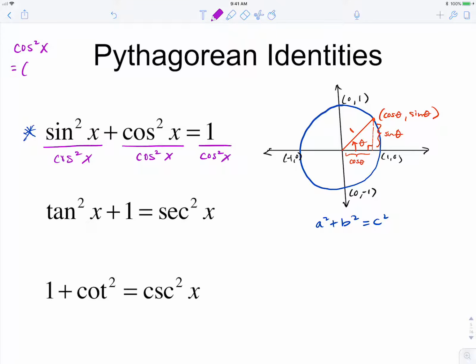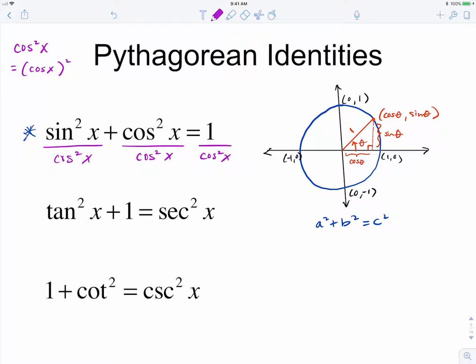That's equal to cosine times cosine. Okay, so that's the exponent. We don't have it on the x or on the outside because we're lazy. We don't want to write the parentheses and then raise to the exponent of 2. And then we don't want it to look like the 2 is on the x.